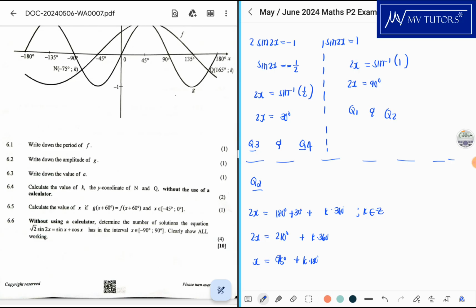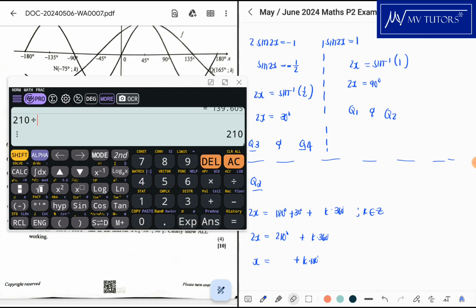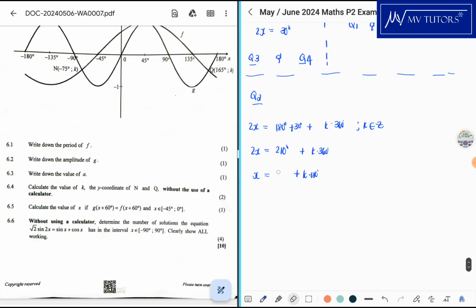Okay, now what is 210 divided by 2? Let's just check that out. So that is 105. Okay, so we have 105 plus k times 180 degrees. All right, so that is the first solution then for quadrant 3, the general solution.